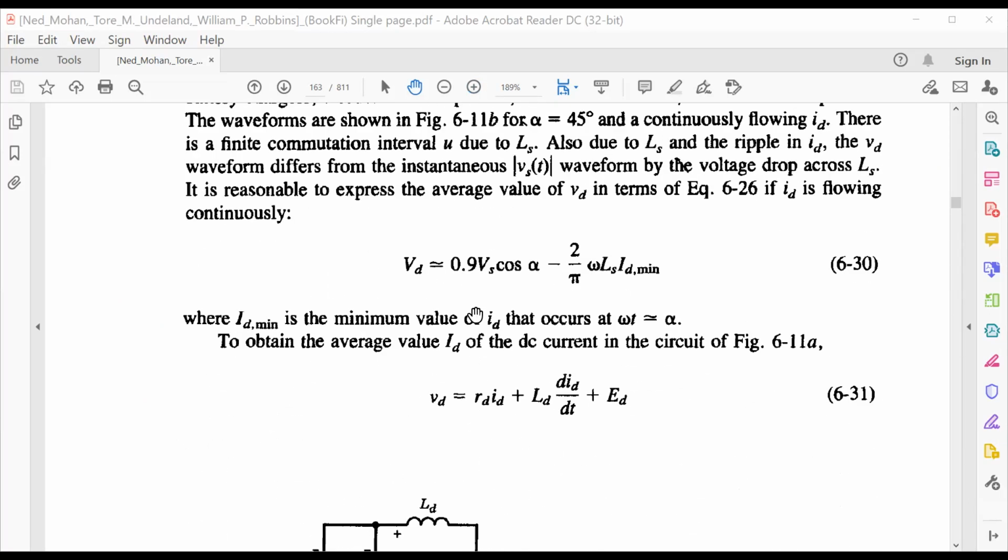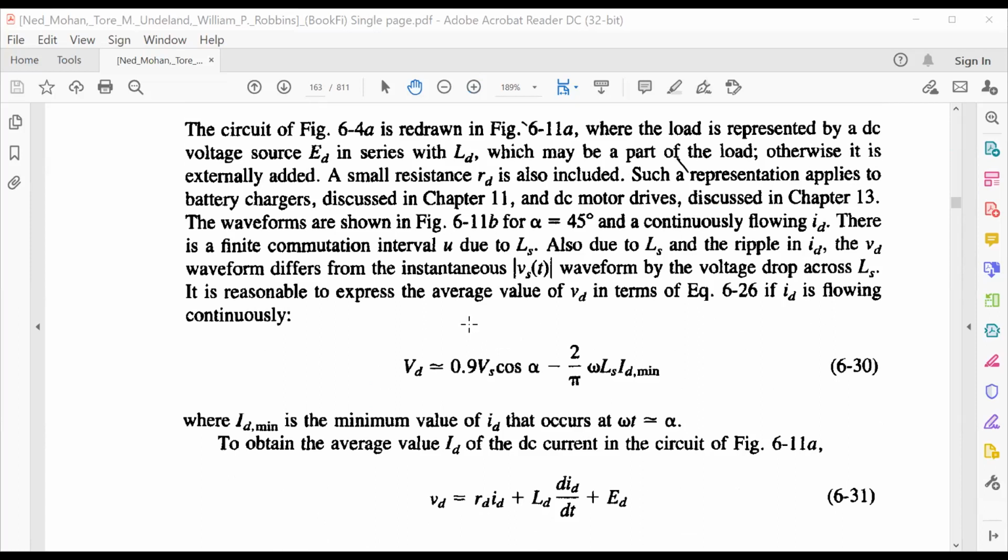So, okay, that is why it is written here, equation 6.30. Instead of ID, we have written this one. When the current was constant, this ID minimum was replaced by ID.